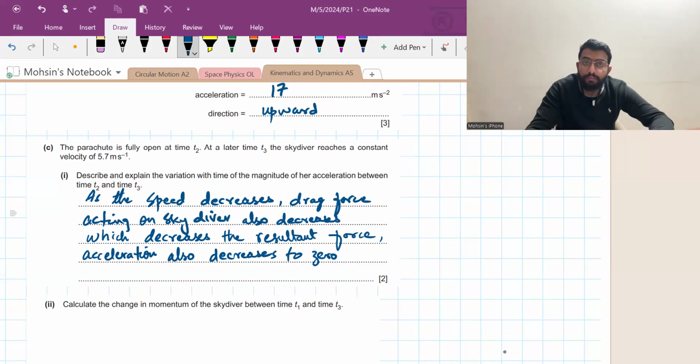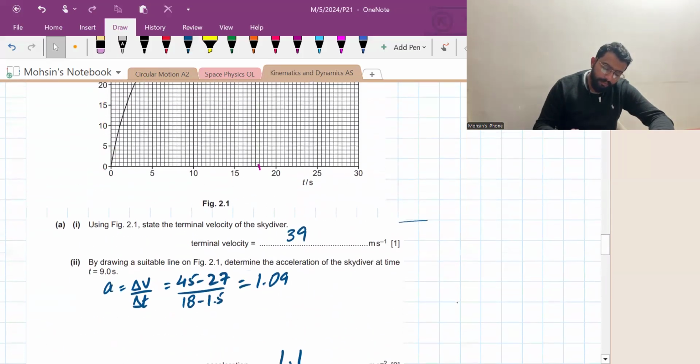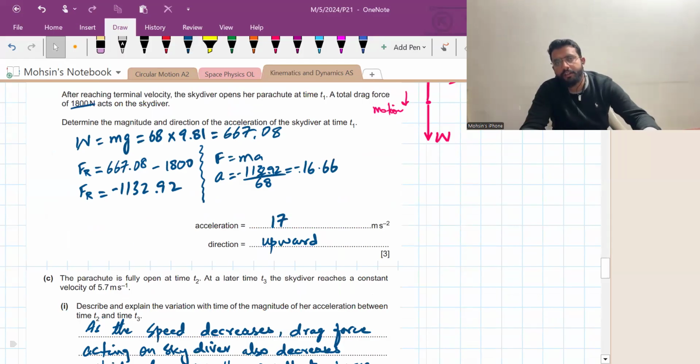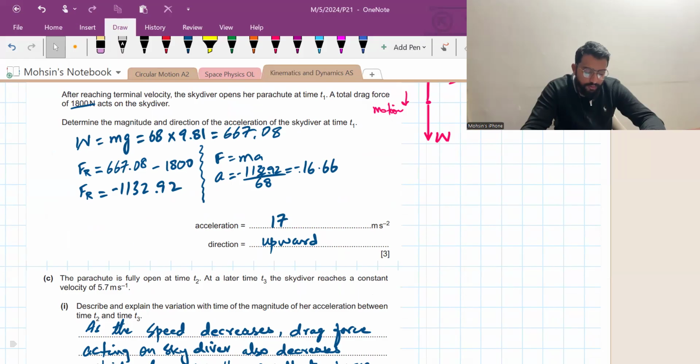Again, remember, initially, if we see the formula, resultant force was weight minus drag force. So if initially the drag force was greater, we were getting a greater resultant force, but 667.08 minus 1800. But if this is not 1800, if this is, let's say, 1000, we will get only 400 something or 300 and something. What is it telling us?